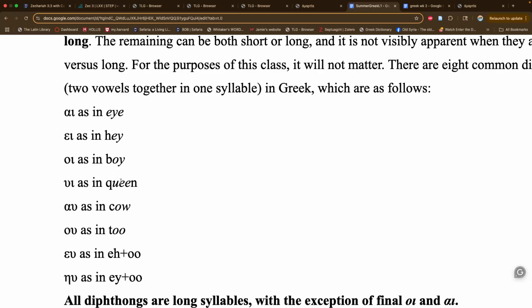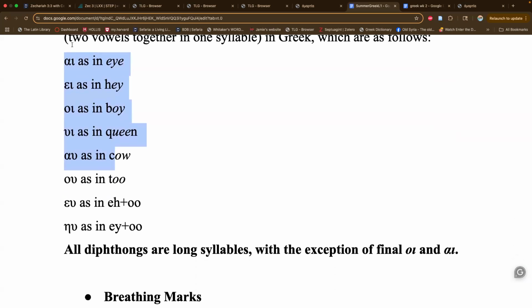For example, you won't see alpha epsilon here. That would be pronounced separately, a-e, instead of like I. The only diphthongs that will really be relevant are these 8. These are the ones that are most important to note. When we're reading, you'll see that they come up a lot and you'll get used to them very quickly.